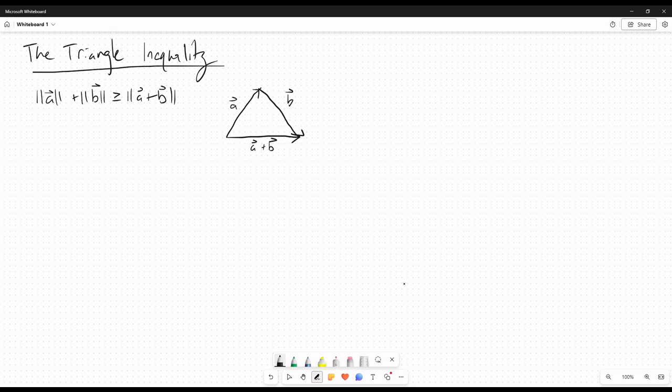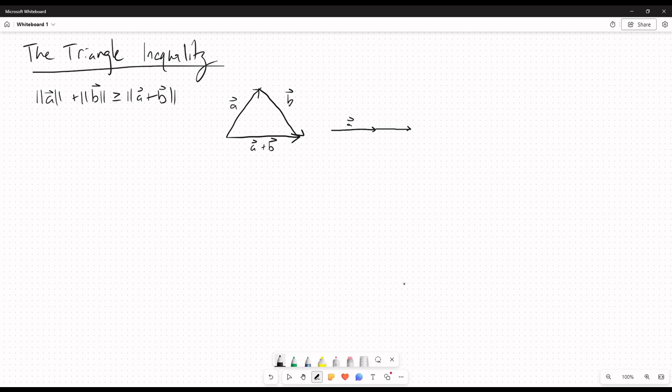Well, what this is saying basically is that in a triangle, if you add the lengths of two sides together, the third side can't be bigger than that sum of lengths, which makes sense. The case where it's equal is going to be the case where A and B are, for example, pointing in the same direction.